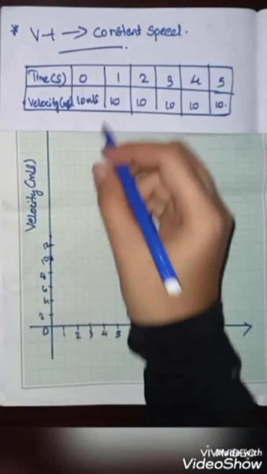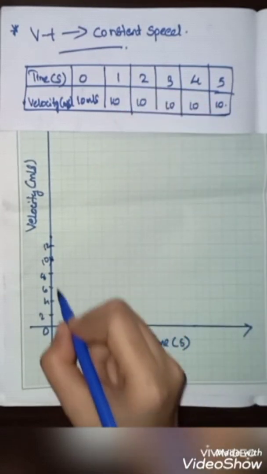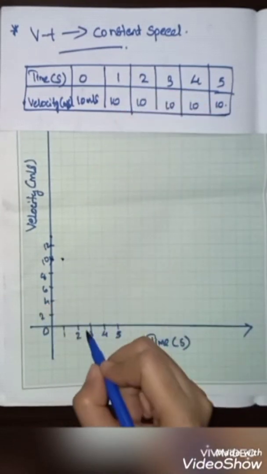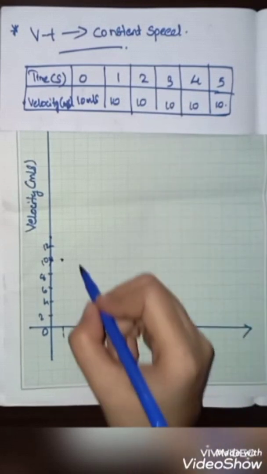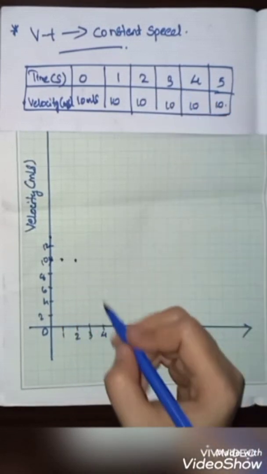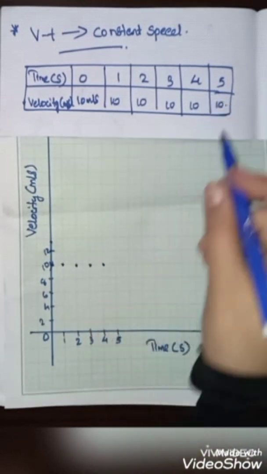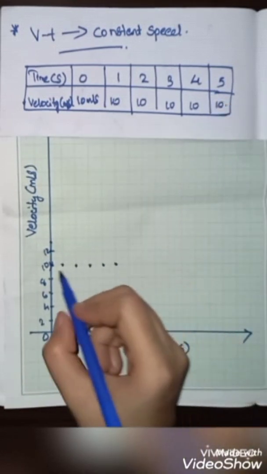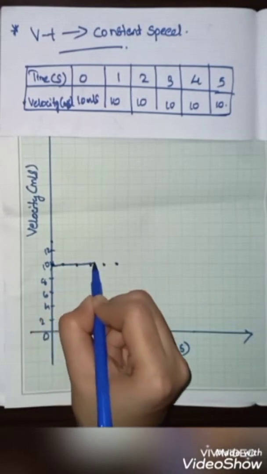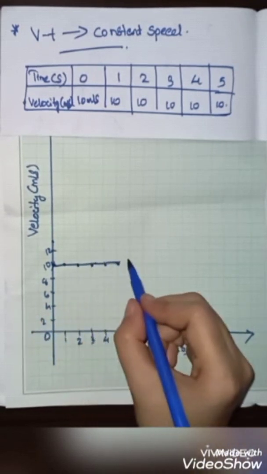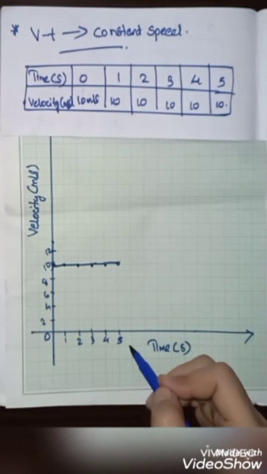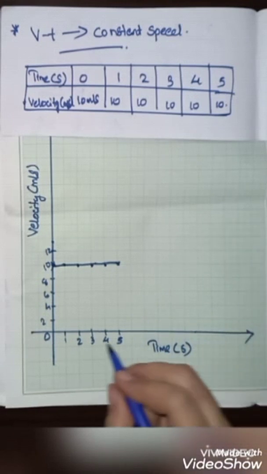At 1 second, it is 10 meter per second. At 2 seconds, it is 10. At 3 seconds, it is 10. At 4 seconds, it is 10. And at 5 seconds also, it is 10 meter per second. By joining these, we get a straight line which is parallel to the x-axis.